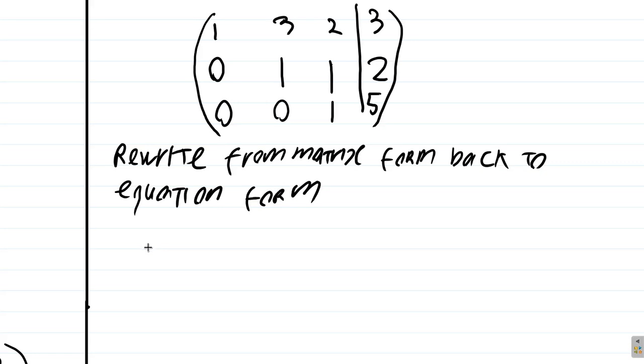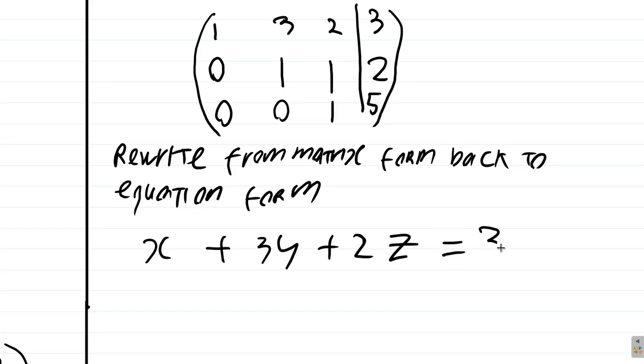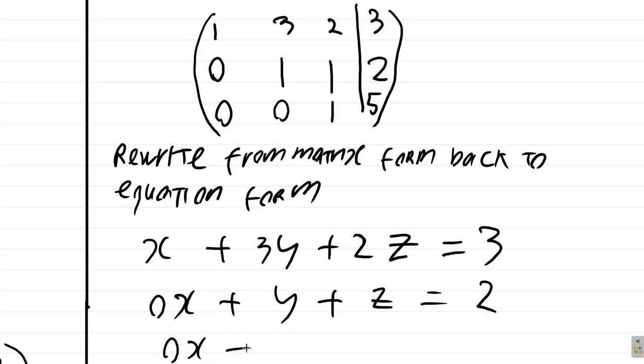So we have 1x plus 3y plus 2z, and I would like to put a line through my z because I don't want to mix it up with 2, equals 3. 0x plus 1y plus 1z is equal to 2. 0x plus 0y plus 1z is equal to 5.